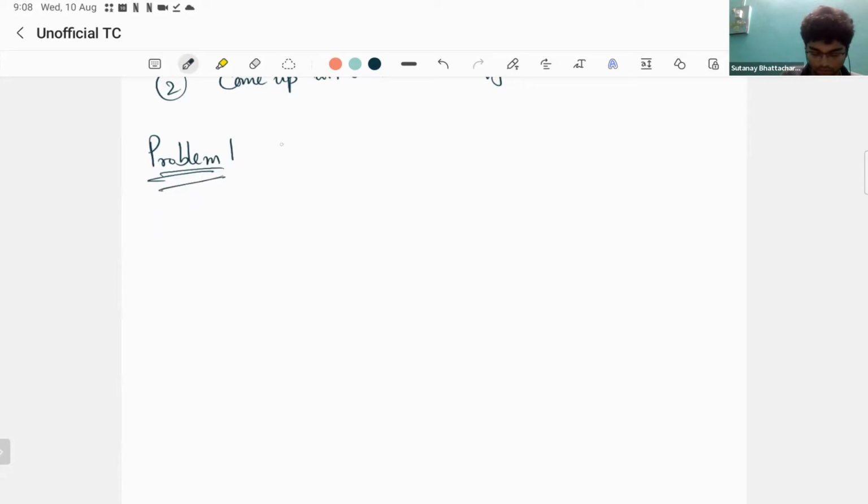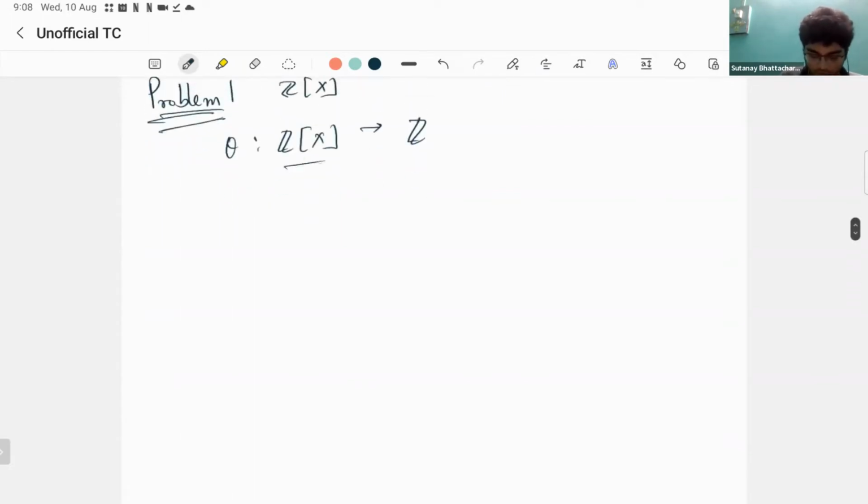So P of X is the set of single variable polynomials in X with coefficients that are integers. We have to find all functions from P of X to the integers. So it takes a polynomial and spits out an integer.